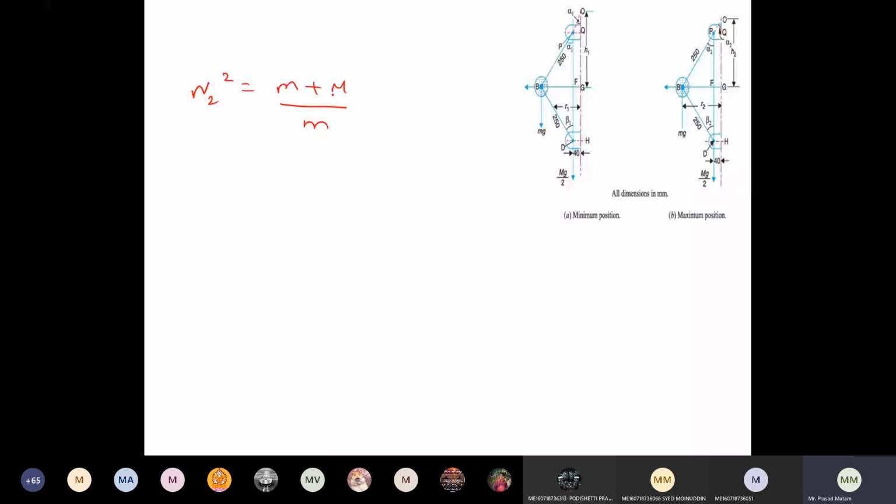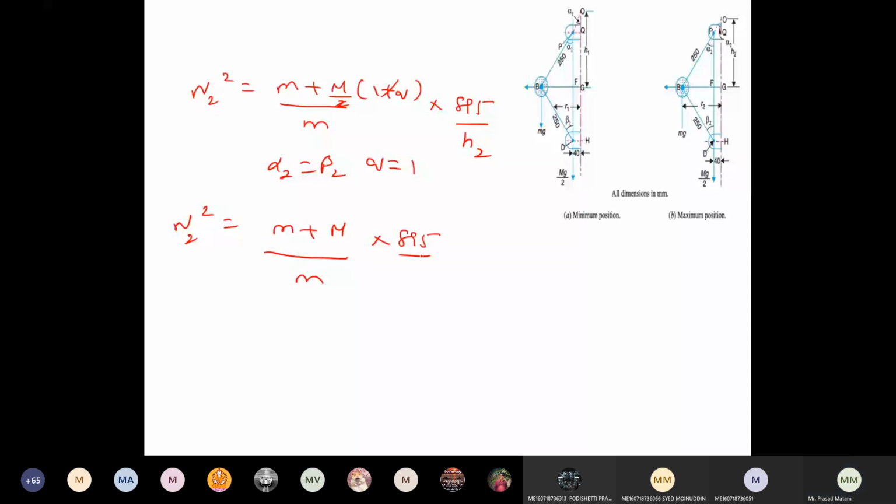Since alpha 2 is equal to beta 2, Q is equal to 1, so this term will go away. Now you get N2 square is equal to (small m plus capital M) by small m into 895 by H2.